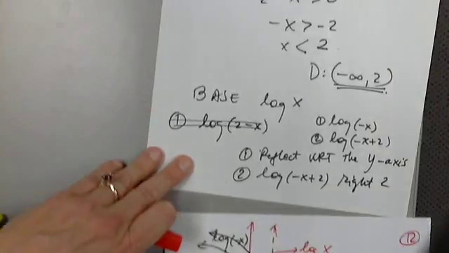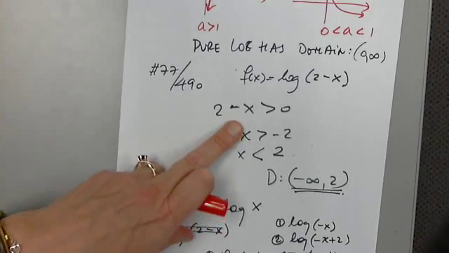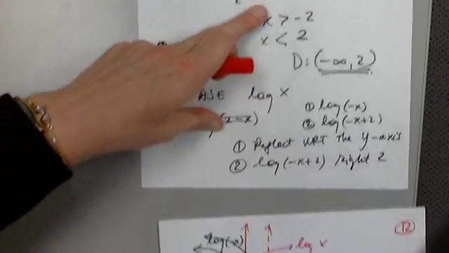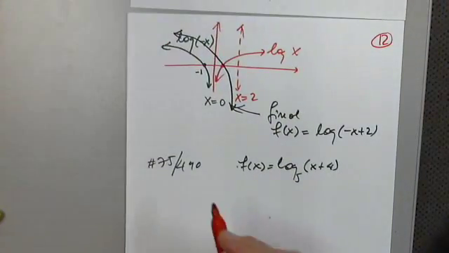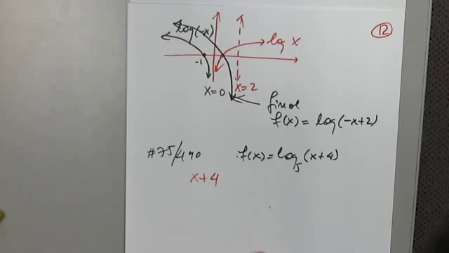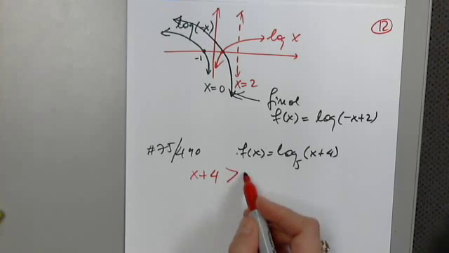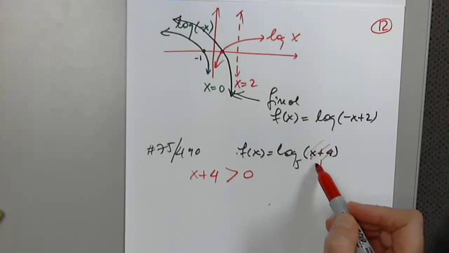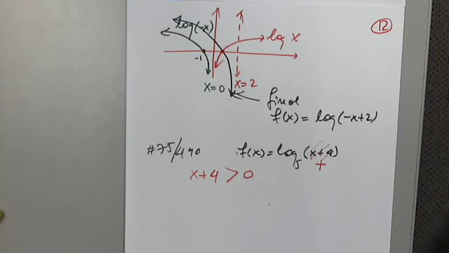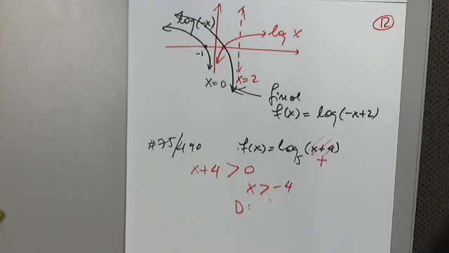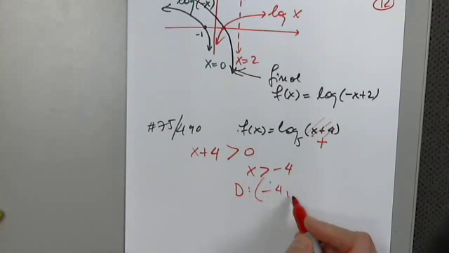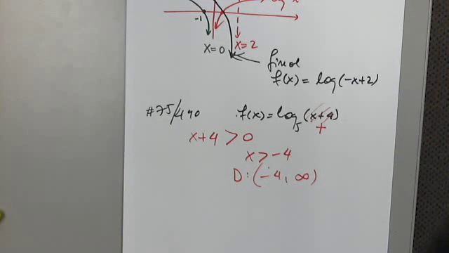I just have to write exactly what we wrote before. Identical situation, it's just a different function. What do I have to write? Yes, indeed, x plus 4 greater than 0. This quantity has to be positive, otherwise log does not exist. So then x greater than negative 4, so the domain of this function is? Perfect.